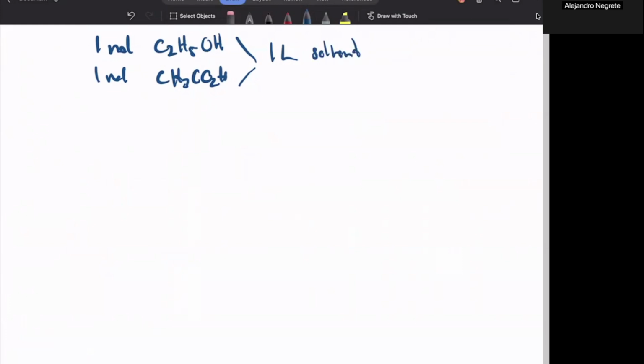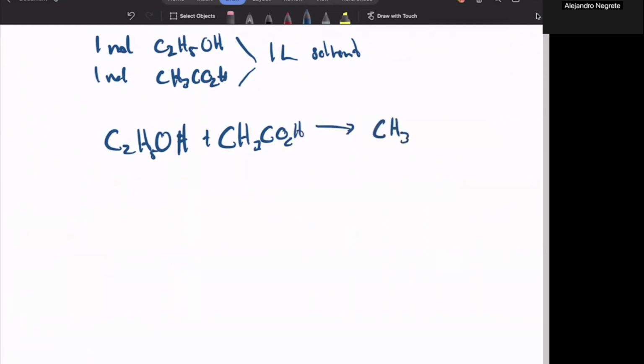When we look at ice tables, let's build the reaction. So here's our reaction.